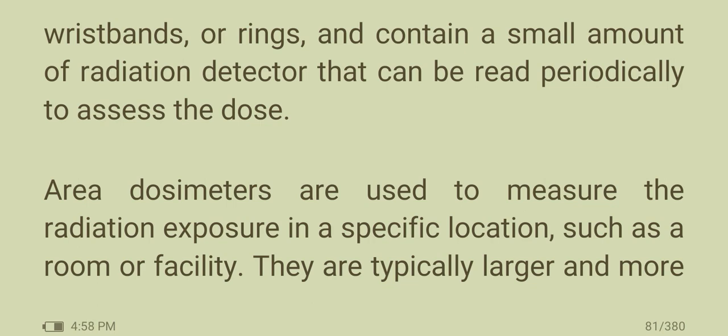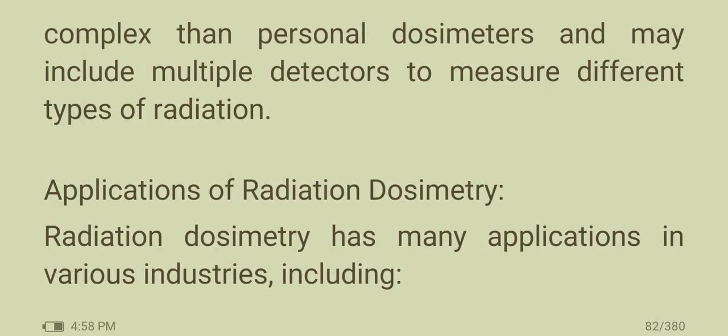Area dosimeters are used to measure the radiation exposure in a specific location, such as a room or facility. They are typically larger and more complex than personal dosimeters and may include multiple detectors to measure different types of radiation.